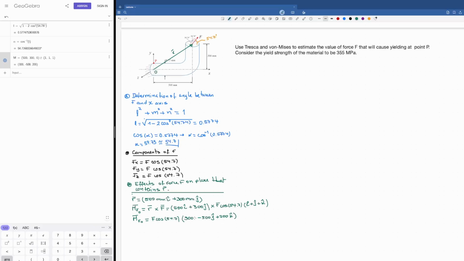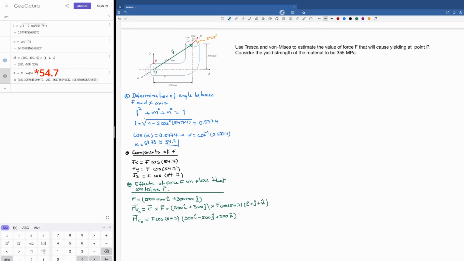I want to delete this. I could shorten that a little bit and say, well, what about if I multiply M times the cosine of, can I write alpha like this? No, I cannot write it. I would love to do it, but it doesn't matter. M times the cosine of 54.7. There we go.